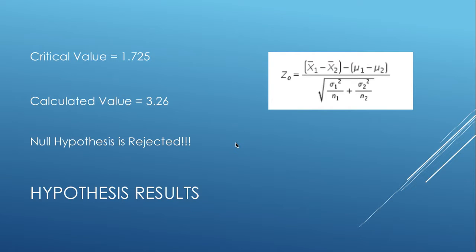So we looked at the numbers given in the table for the z-score. The critical value for the sample was 1.725. My calculated value using the equation here with the averages, standard deviations, and degrees of freedom was 3.26.